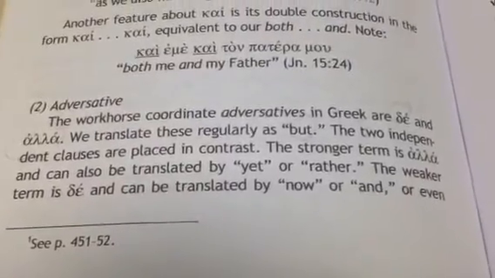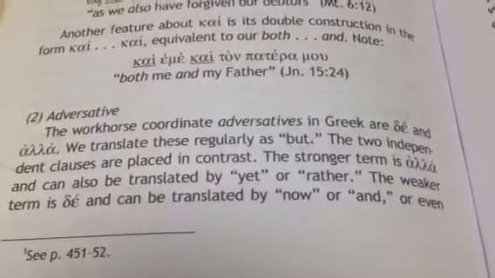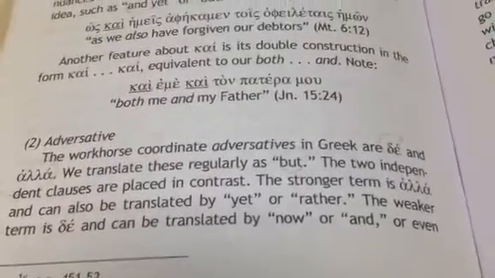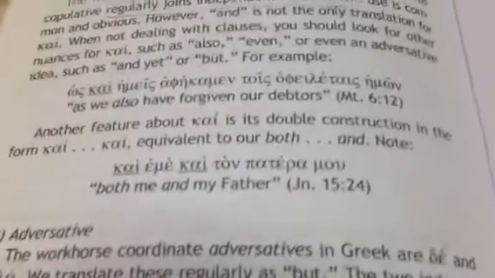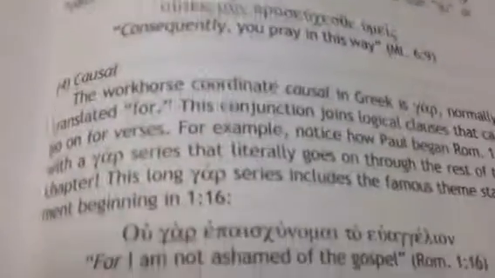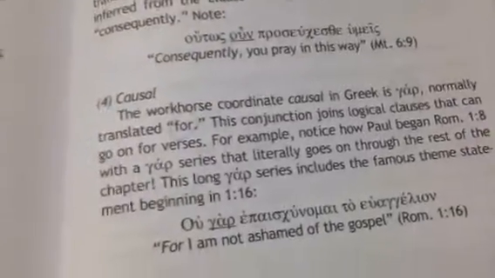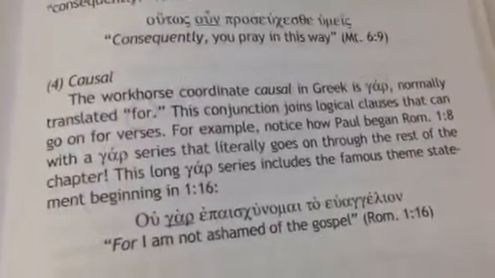You can also use de, a little bit weaker. Notice that that's a postpositive, but we translate it now, sometimes even and. Inferential would be like a therefore, Paul likes that. And causal would be the idea of because, and we use gar. So you use that to connect independent clauses.